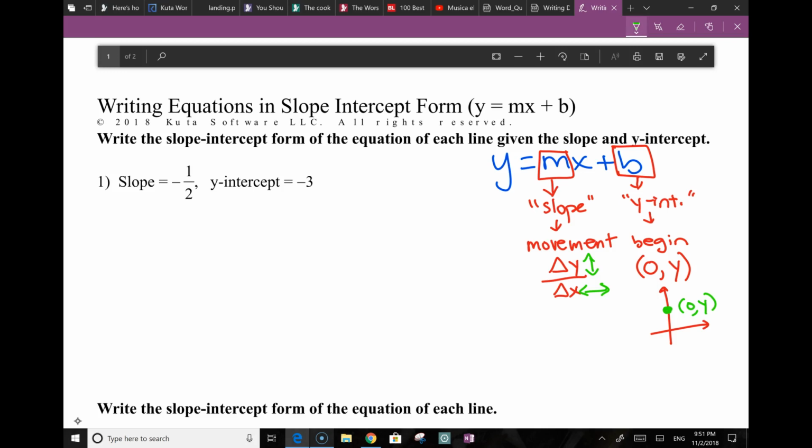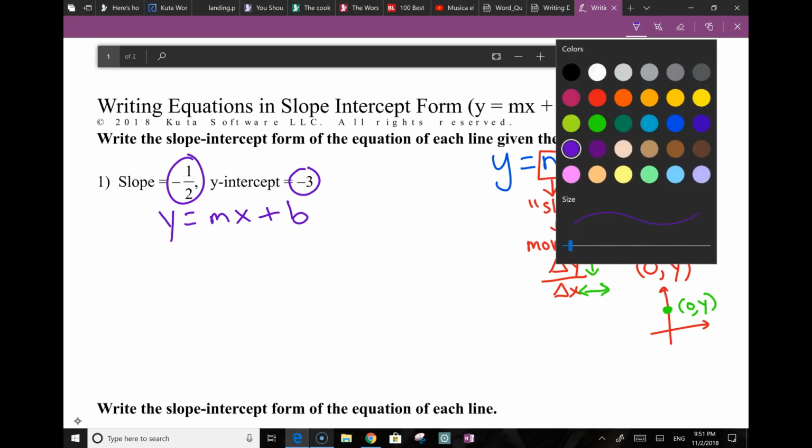In number 1, what I want to do is write down the slope-intercept form using the fact that I have a slope of -1/2 and a y-intercept of -3. So I'm going to start with a blank equation, which is that. And what's going to happen is actually quite simple.